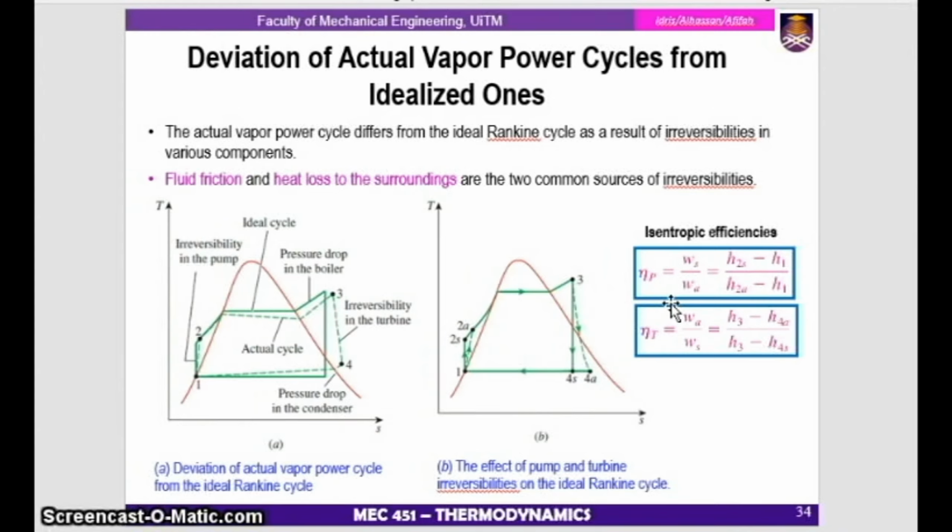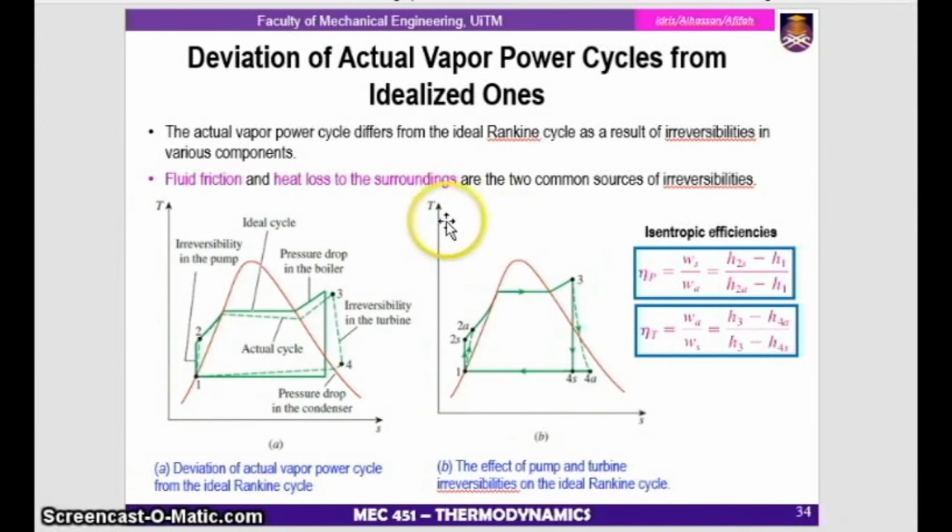So when you know these efficiencies, you have to find the actual value for point number 4, or at state number 4.